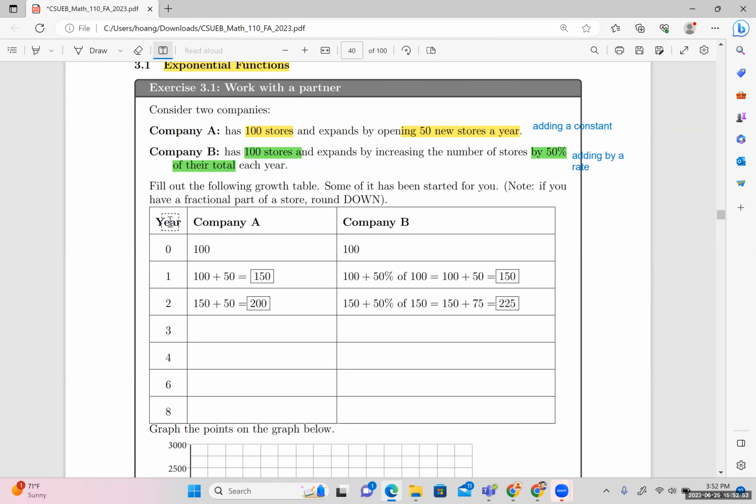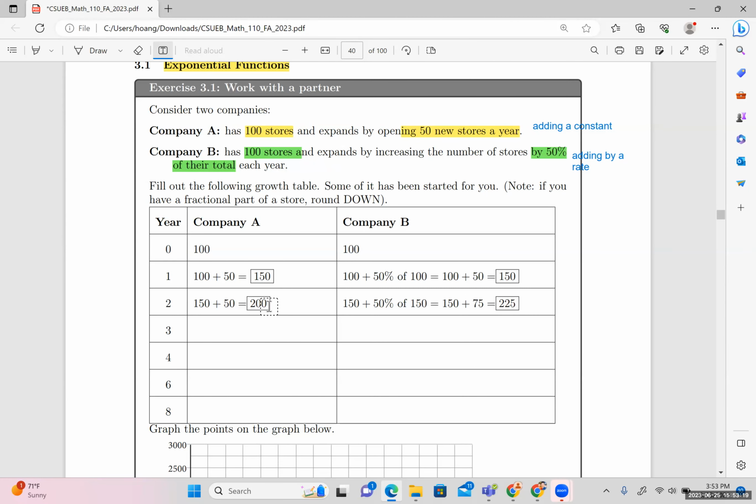Row number 1 gives you year, company A, company B, right? So column 1 is for year, column 2 is for company A, and column 3 is for company B. In the initial year, year 0, both of them have 100 stores.